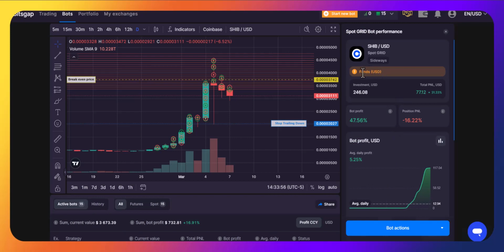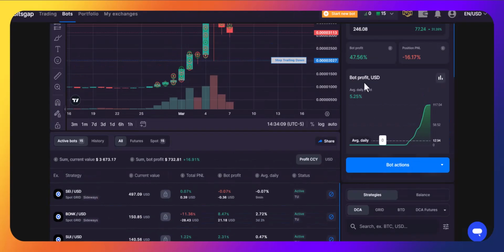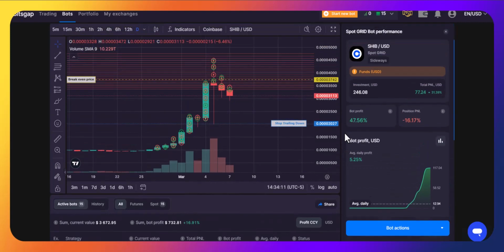Now it's saying we need to add funds to the account. And this is where you had to add USD funds to the account to be able to have your bot be able to move down that way.